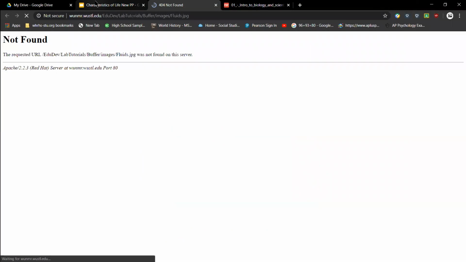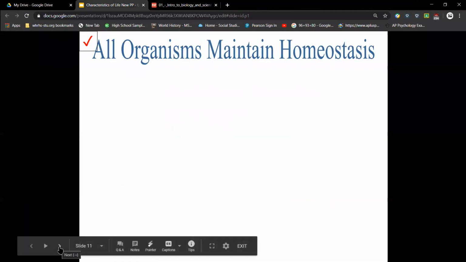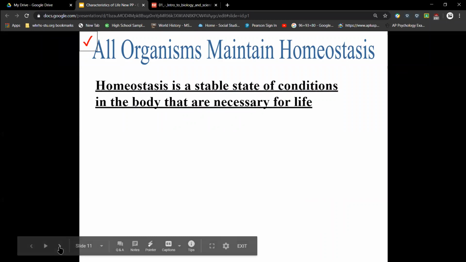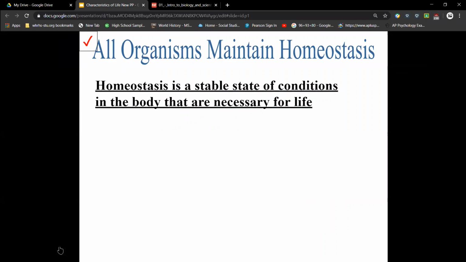Okay. So all organisms have to maintain homeostasis. Homeostasis is a stable state of conditions in the body that's necessary for life. Some examples of this are body temperature. You have to maintain a stable body temperature, otherwise you can die or be at risk of dying.